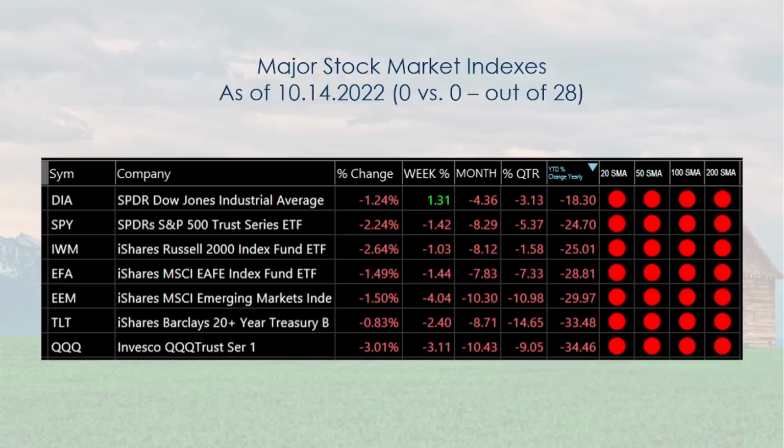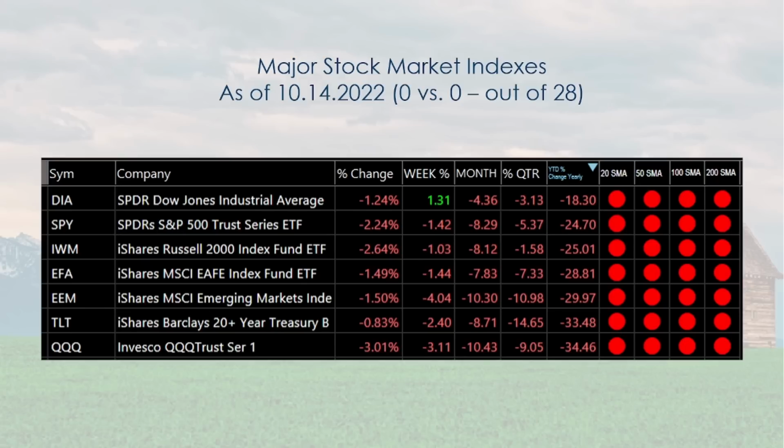And then to the right of those same indexes, because it's a red dot, are measured where they are relative to their 20, 50, 100, and 200-day moving averages. Every one of them is below all 4 of those moving averages. Very unusual. Just going down the list: the Dow Industrials down 18% year to date. This is the 5th column of numbers from the left.